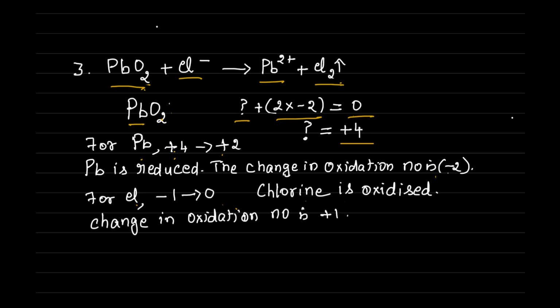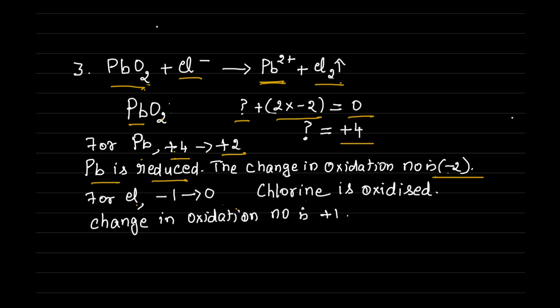On the product side, it is plus 2. Therefore, for lead, the oxidation number decreases from plus 4 to plus 2. Lead is reduced and the change in oxidation number is minus 2.